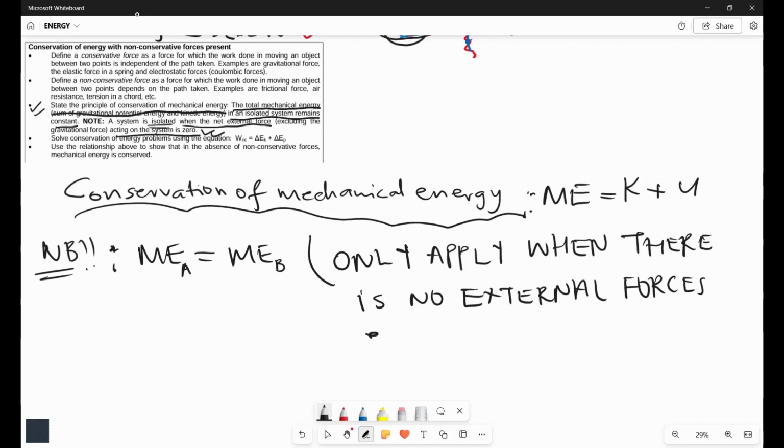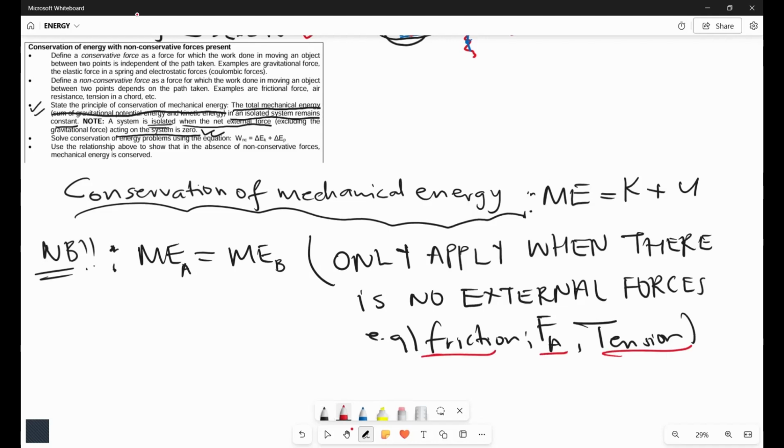What are external forces? External forces are forces such as friction, applied force, tension force. If my scenario has any of these, this formula is not applicable.